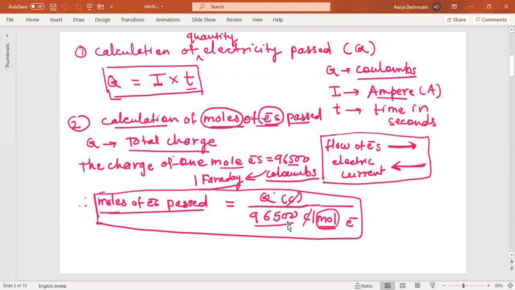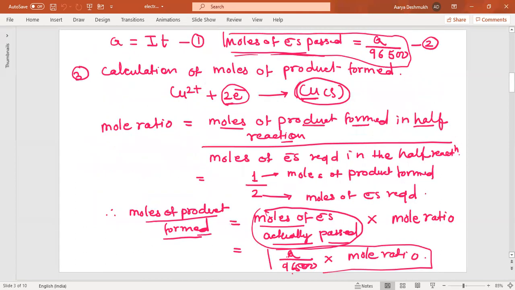Once we know these two things, the quantity of electricity passed, Q, and the moles of electrons passed, we can proceed further to the calculation of the moles of the product formed.